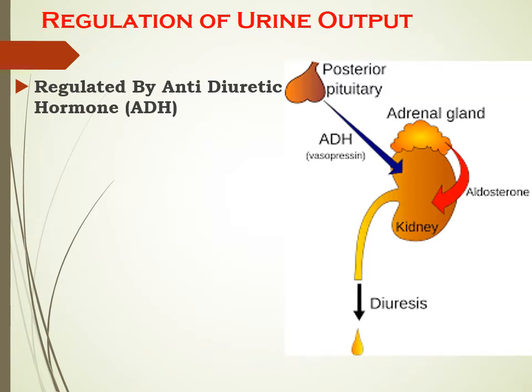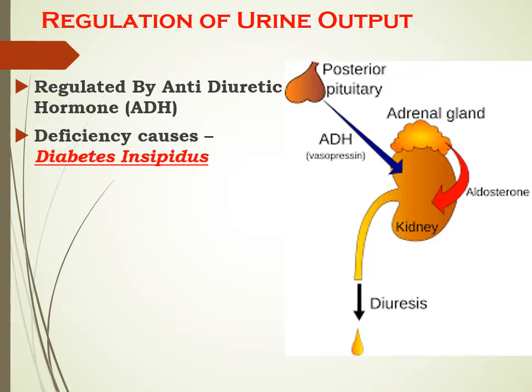This anti-diuretic hormone regulates the urine output, as it decides how much water needs to be reabsorbed through the DCT or lost through urine. Correct? But insufficient secretion of ADH causes diabetes insipidus.